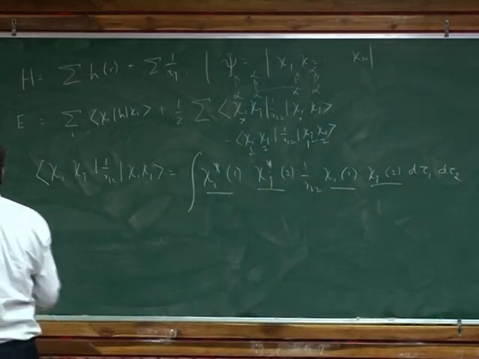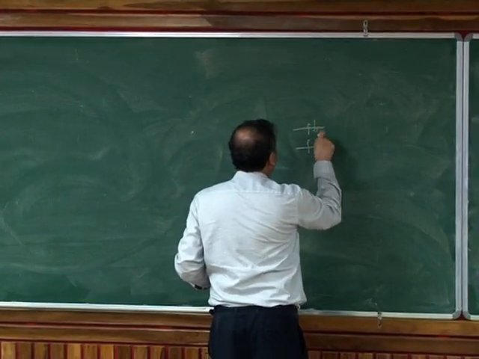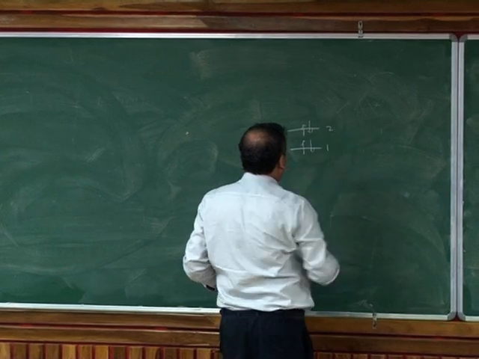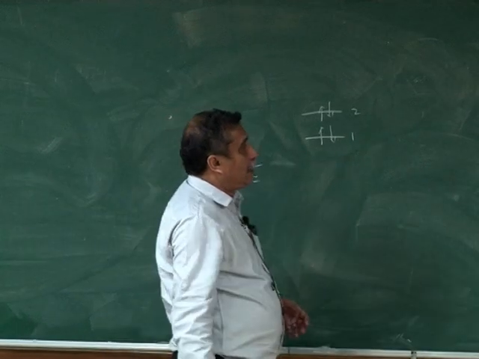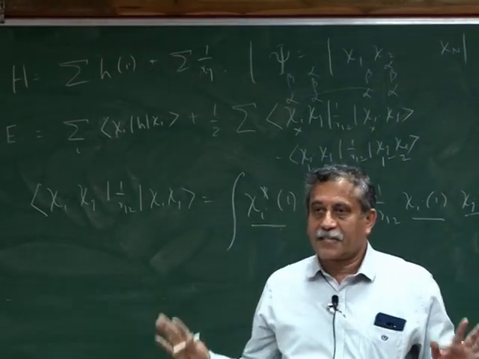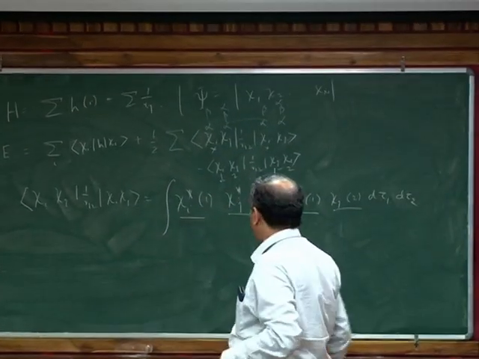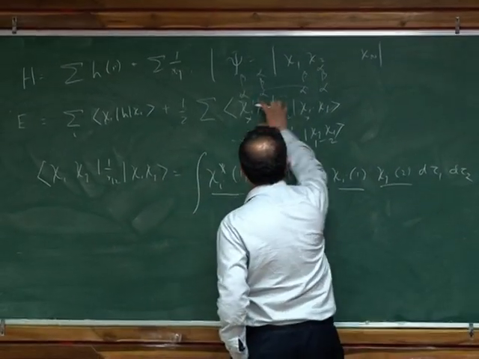Let's say that I give you an example of how quickly you can write this. Let us say that I give you this integral. This is 1, this is 2. I want to write the energy expression in terms of these integrals after spin integration, what survives in terms of spatial integration. It's very easy to do that. First, this kind of term is called Coulomb.